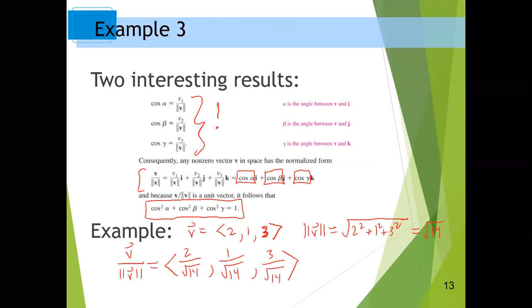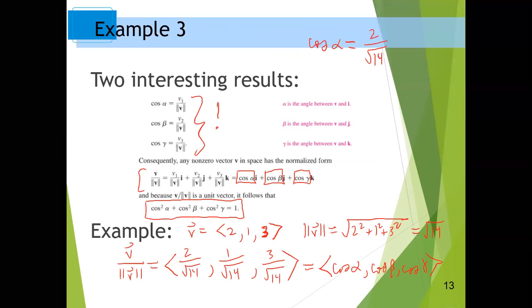But we just found out that that's really just the direction cosines as well, right? The first coordinate, V1 over the length of V, that's just the cosine of alpha, right? So that's cosine of alpha, cosine of beta, cosine of gamma, okay? So in other words, cosine of alpha here is just 2 over the square root of 14. Do you see what I'm saying?